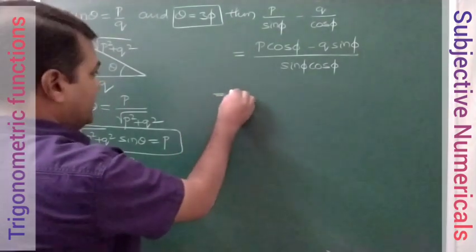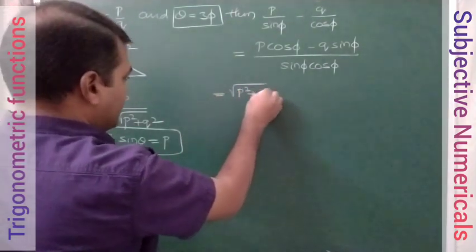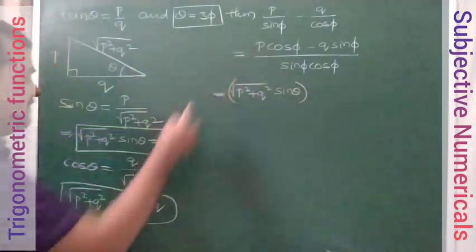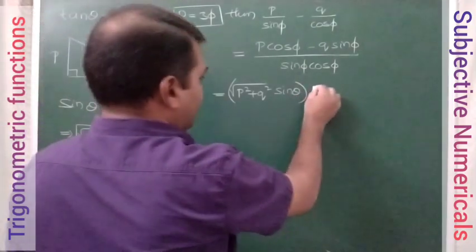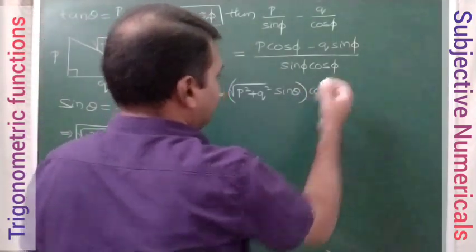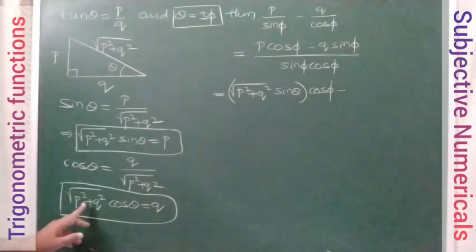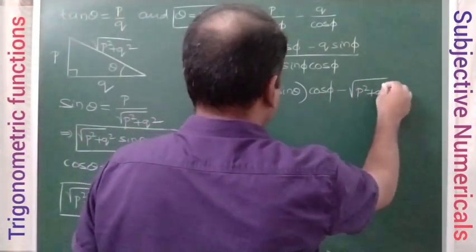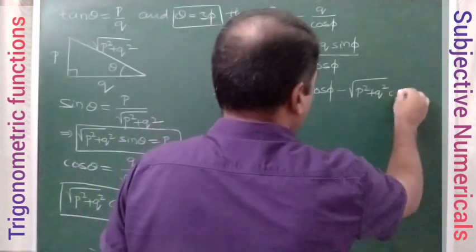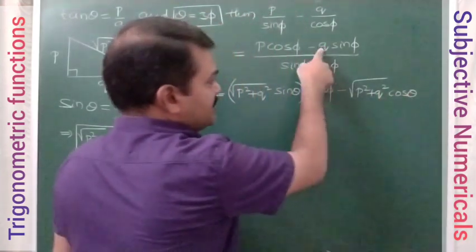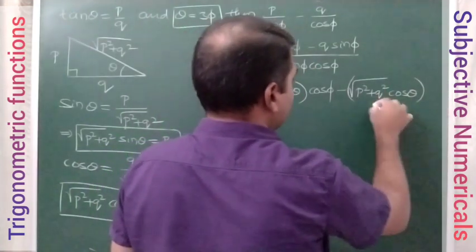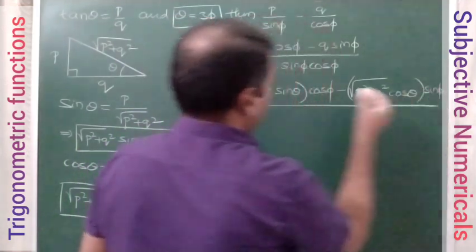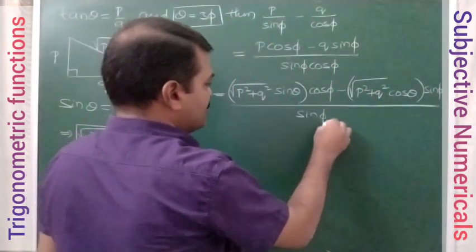So in place of P, under root P square plus Q square into sin theta, into cos phi. Minus, now Q will be taken as under root P square plus Q square into cos theta. This Q value, so this into sin phi. And denominator I am not going to change.